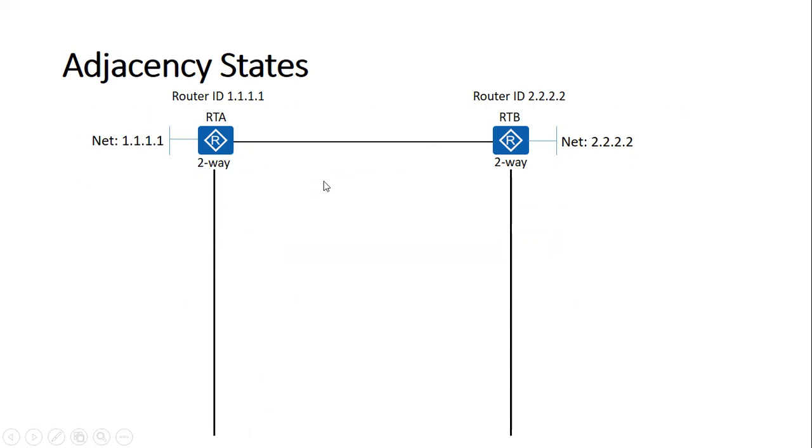After two-way neighbor is formed, some network topologies will conduct what we call a DR/BDR election. We have given this as the zeroth step because not all network topologies will perform DR/BDR election. Some topologies will have this election.